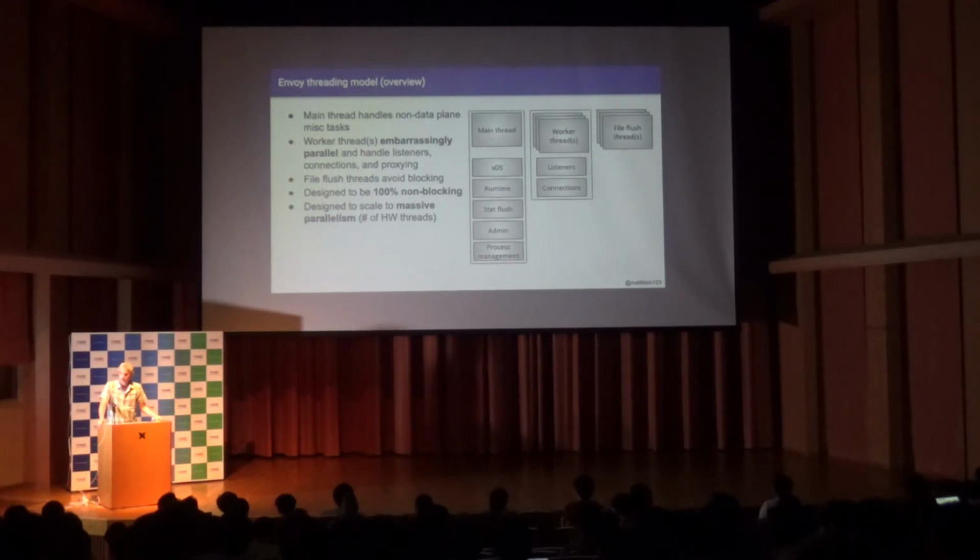So on the main thread, because it's effectively single-threaded, we don't have to worry about locking. And again, on the worker threads, because we pretend that they're all single-threaded, we don't actually have to worry about locking. So it's a core theme within Envoy that we try to hide all of the concurrency complexity from programmers as much as possible. So the majority of Envoy code, even though it's highly concurrent, programmers don't need to worry about concurrency. They write code as if it's single-threaded.